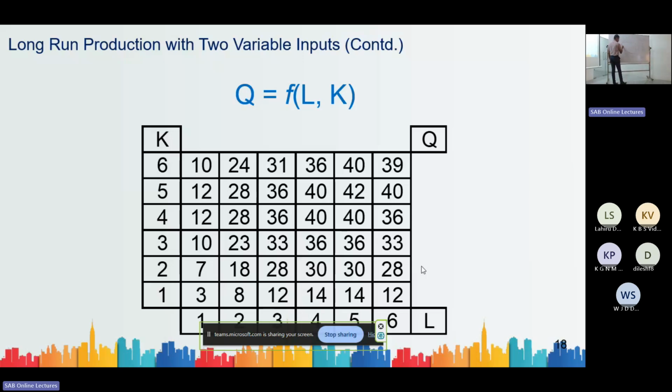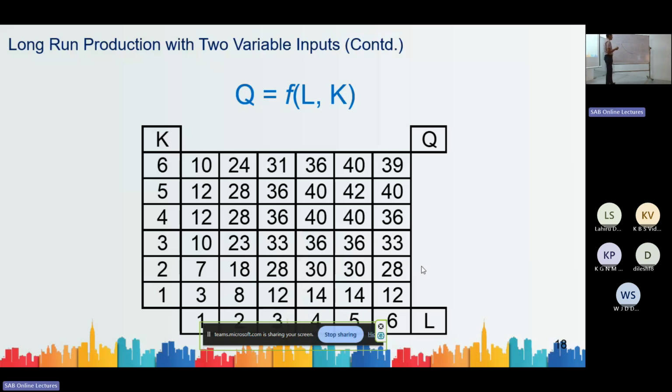But the curve shows a large number of combinations. Even we can show these small combinations. So it shows all possible combinations, even fractional combinations. Sometimes it can be 9.9 units of capital and 1.1 units of labor.